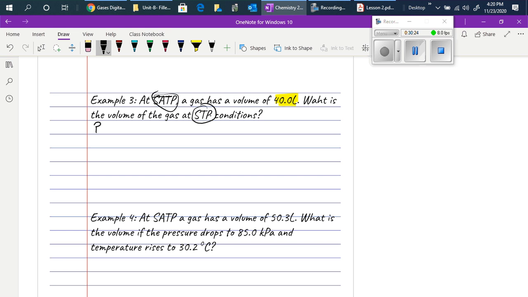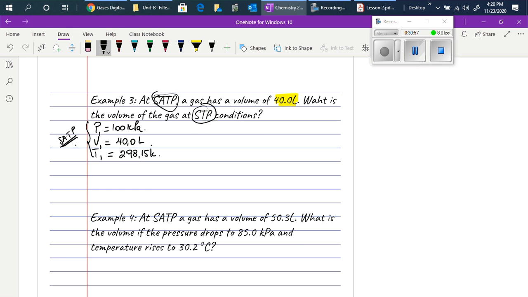In the first case, at SATP conditions, P1 will be equal to 100 kilopascal. Volume 1 will be equal to 40 liters, and temperature 1 will be 298.15 Kelvin.